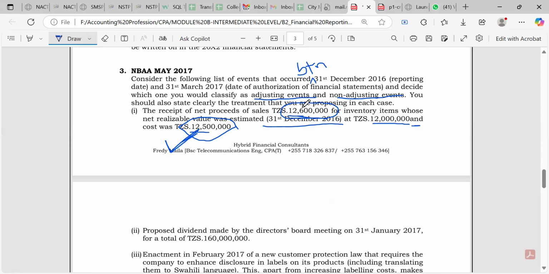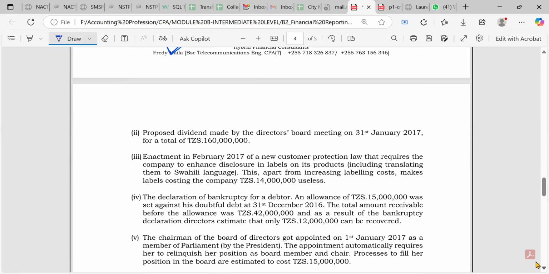It is even higher than the cost recorded here. So if it's high, it is okay, there is nothing else to do. You just let it be, so it is a non-adjusting event, and everything goes on.